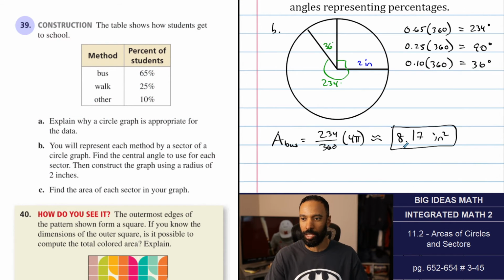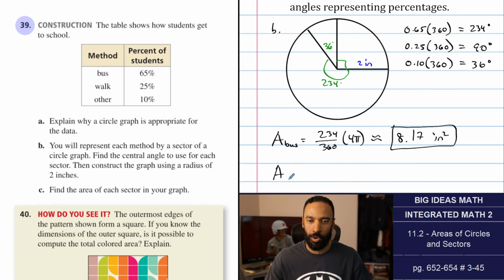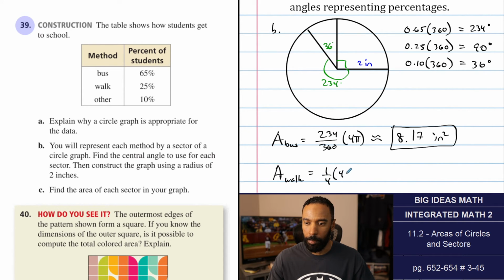So it's almost working backwards now. The area of those who walk is a quarter. That's 1/4 of 4 pi, which is pi, about 3.14.